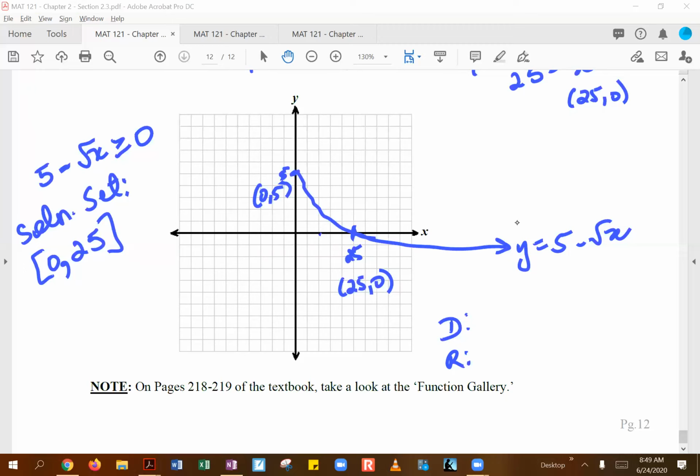So on the x-axis, where is our function starting and where is it going for the domain?